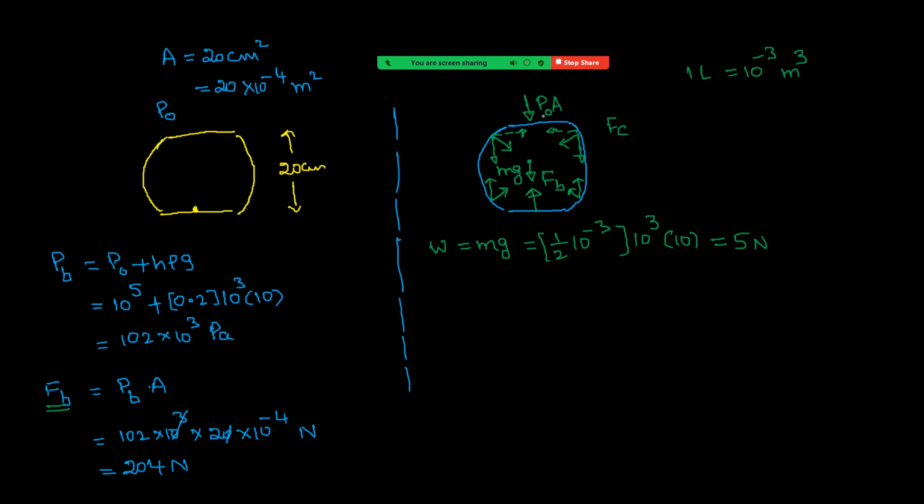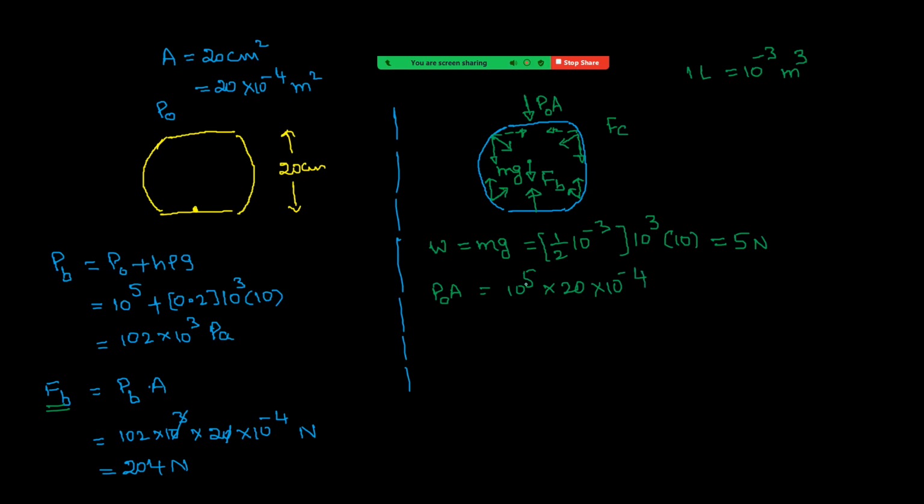Okay. Next, P naught A. See what is the value of P naught A. P naught is 10 power 5. Cross section area 20 10 power minus 4.